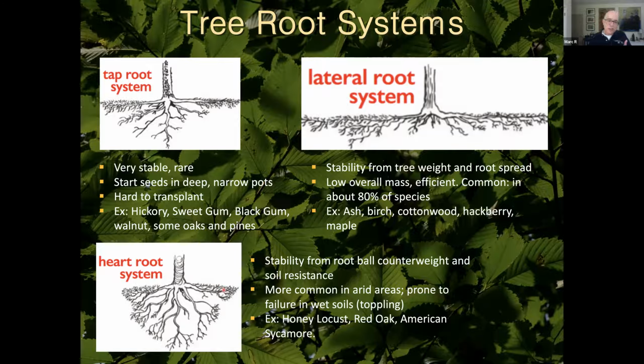But like a ball in a socket, it's fairly prone to toppling, because the tree trunk can move back and forth like a ball and socket joint. And so these trees are more prone to toppling, especially in wet soils, where there's not as much support coming from the soil. Trees that have that type of root system are red oak, American sycamore, and honey locust.